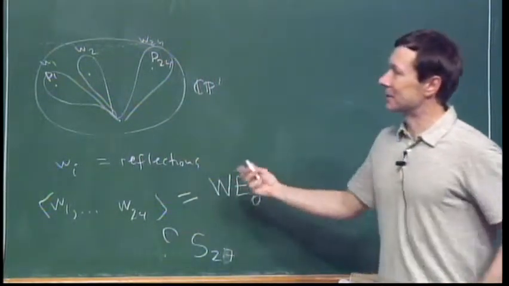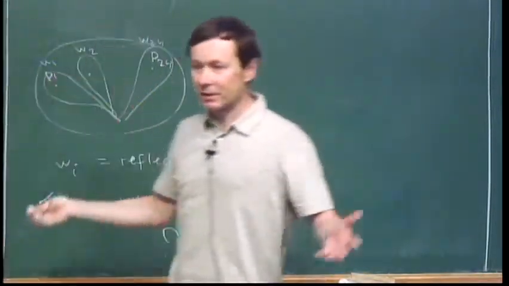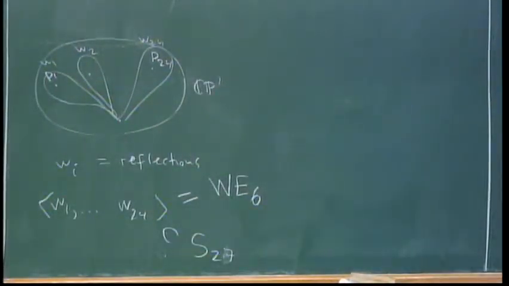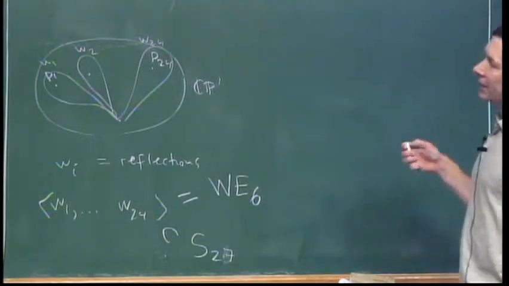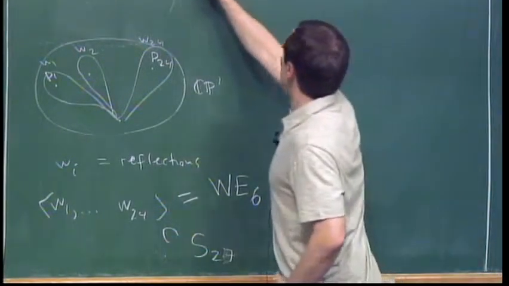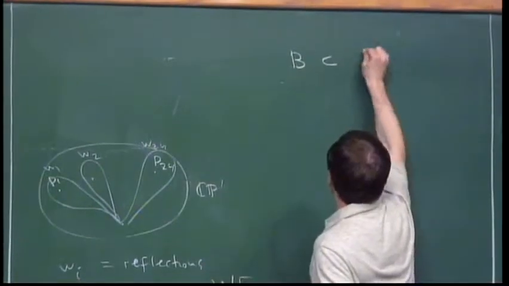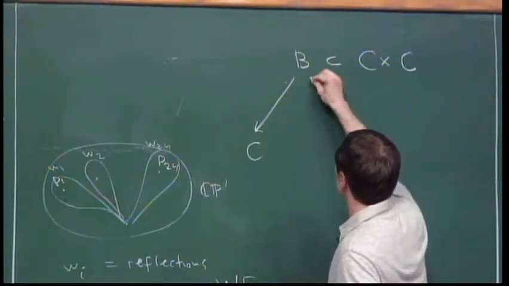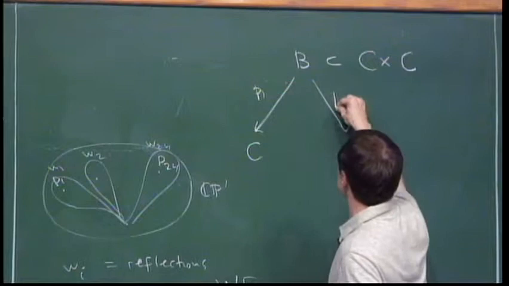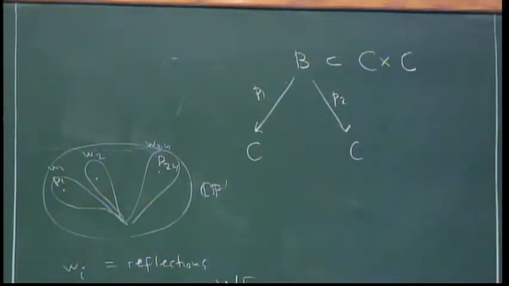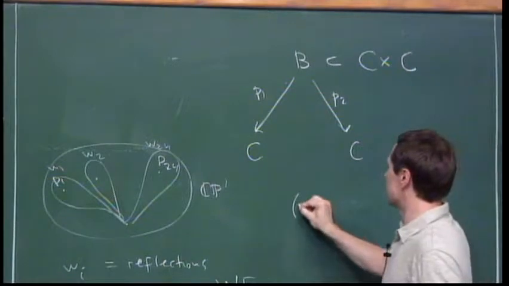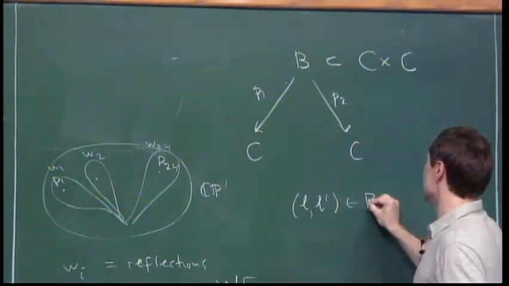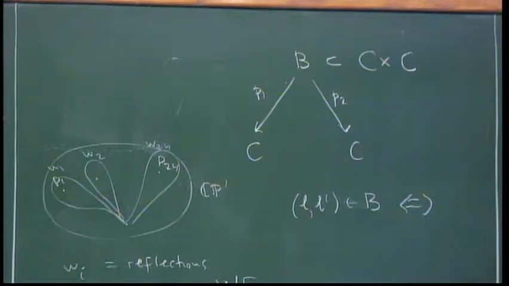So of course E6 is intimately related to the cubic surface, as classically very well known. Okay, so that's the picture. So what kind of adds to this picture? There is a correspondence. He adds a correspondence B in C cross C, and then we have 2 projections: first projection, second projection. So what is that correspondence? So a point (L, L') is in B if and only if the following happens.